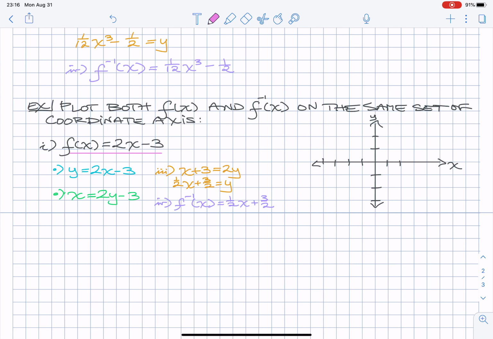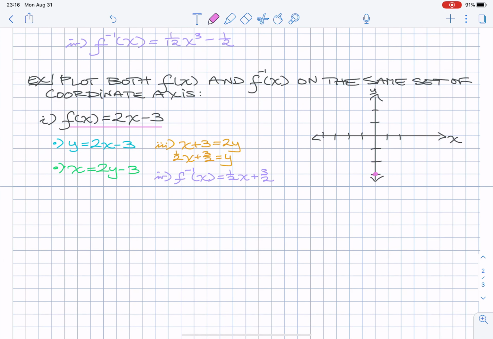Well, that has a y-intercept of negative 3 and a slope of rise 2, run 1. So I claim that this guy here in pink is my f of x. If I can get it to autocorrect correctly, which it doesn't seem to want to do. But anyways, here's my f of x.